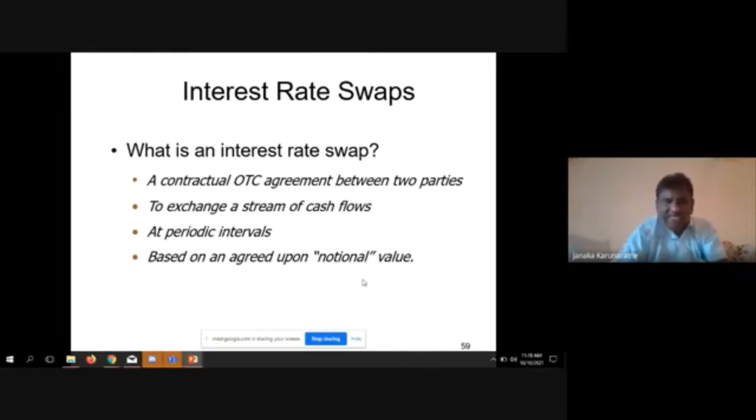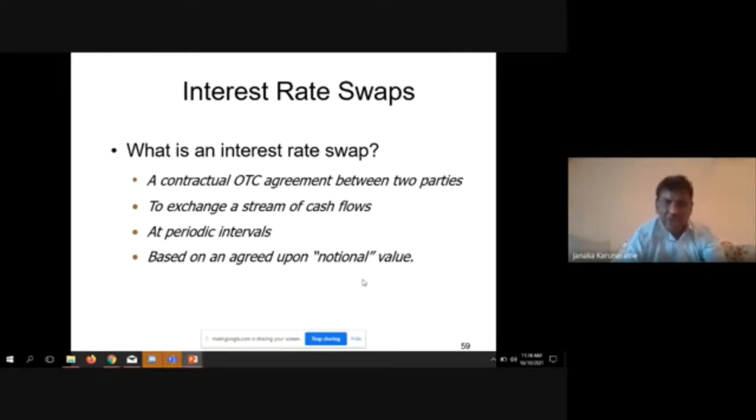But a general swap is a multi-payment, multi-period agreement, with payments at periodic intervals. So you identify a swap agreement for a certain period, again based on an agreed upon notional value. When it comes to an interest rate swap, we don't exchange the principal, but in a currency swap you have an original receipt and a final payment.